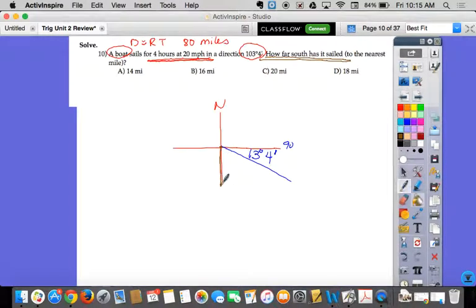That's what it wants to know. Just how far south, not your easterly direction, just the southern part. So construct yourself a triangle. Obviously, you've got your right angle there. It just wants to know how much of it is south. You know that this angle right here is the 13 degrees 4 minutes.